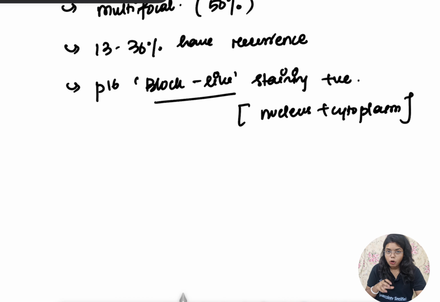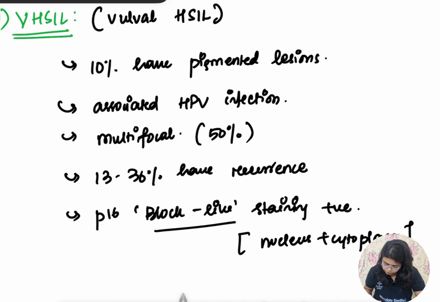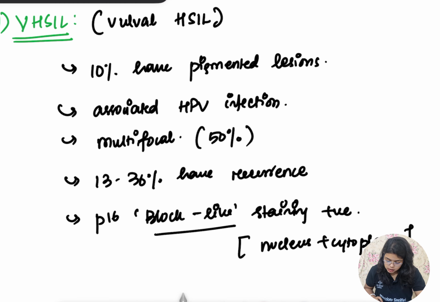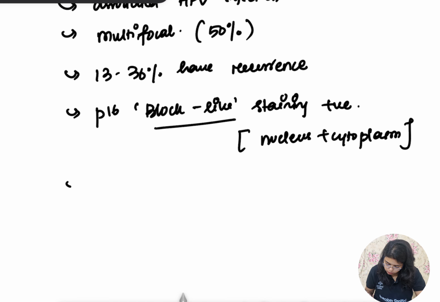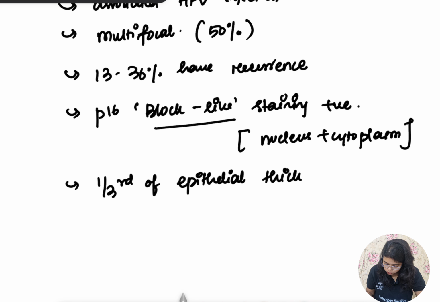So P16 block-like staining is positive in vulval HSIL. Then in histopathology, we see that it involves one-third of the epithelial thickness.